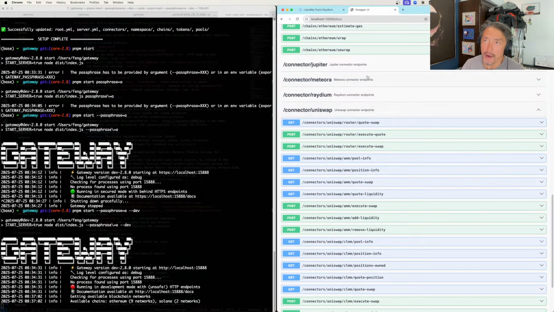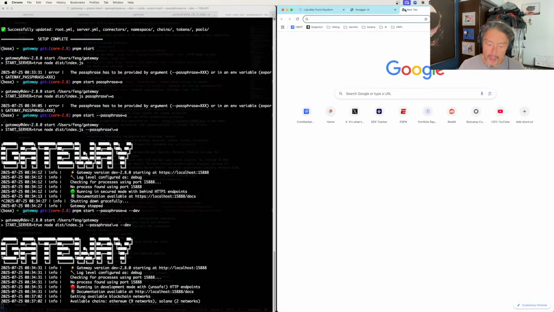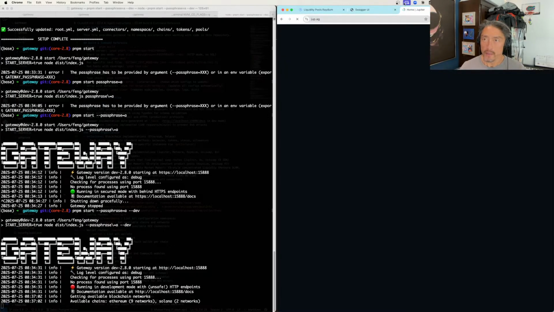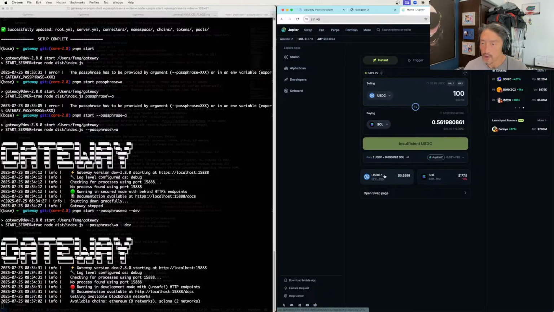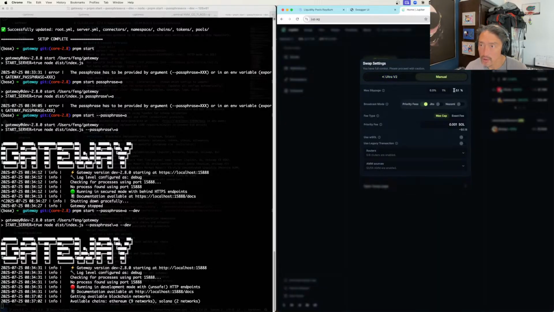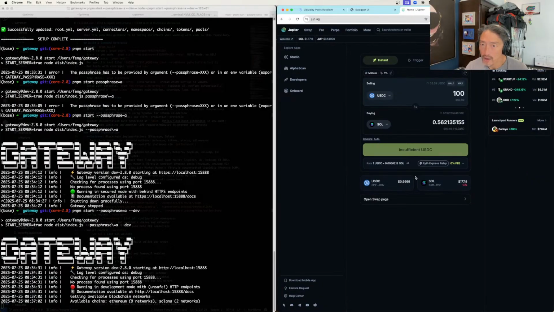Routers are designed to interact with DEXs like Jupiter, a DEX aggregator that uses a router, because if you trade between USDC and SOL, it might actually use different pools. It might use Raydium, it might hit others, and so forth. So when you do, let's say, 100 SOL like this, you'll see this route here. Actually, let's see. If I do manual 0.1%, yeah, this is not a router.